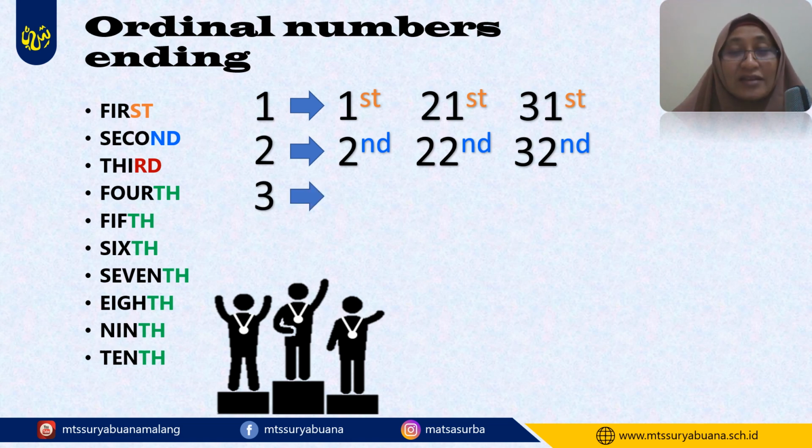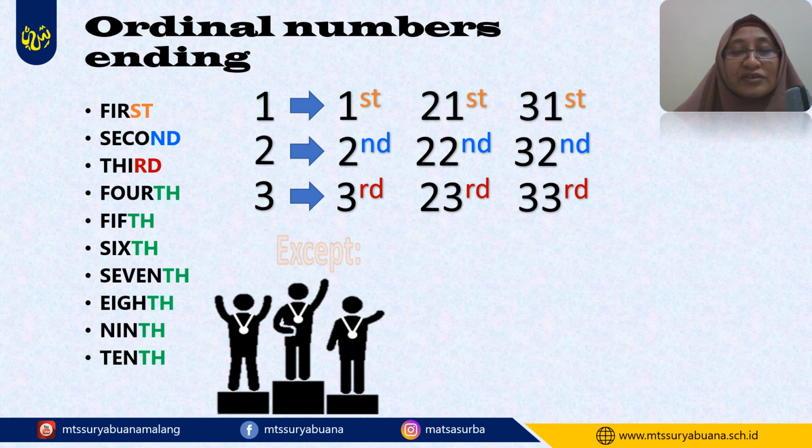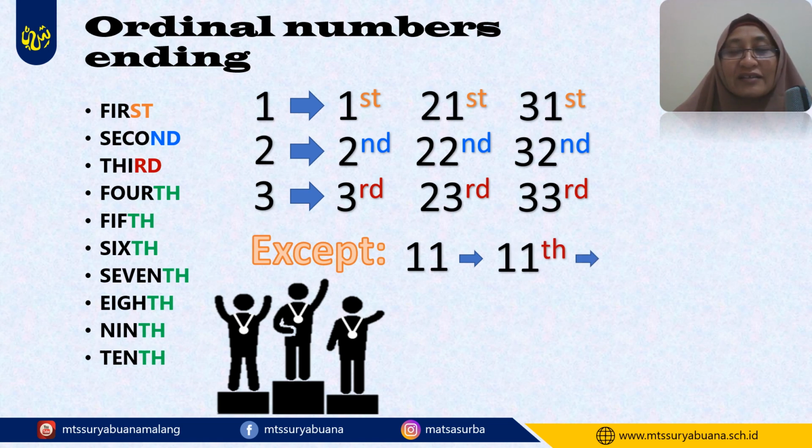And this one is third. So the symbol of 3 and RD at the end. Okay? Third, 23rd, 33rd. Okay. There are some exceptions. Okay, look at this. 11th. Although this number ends with 1, we don't write it as 10 first. No, but it's 11th.